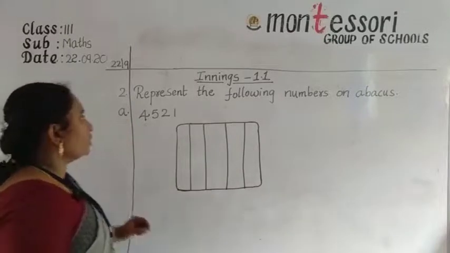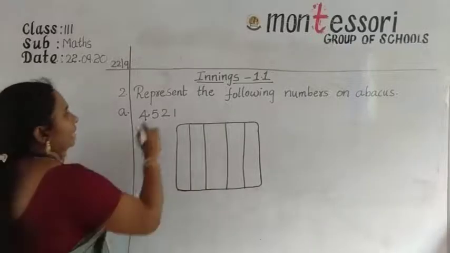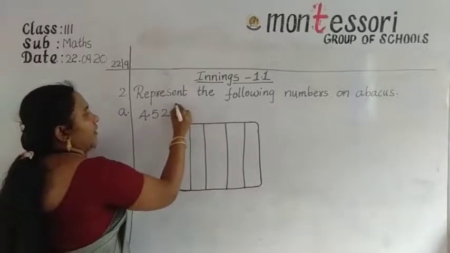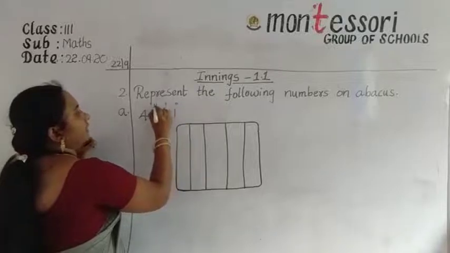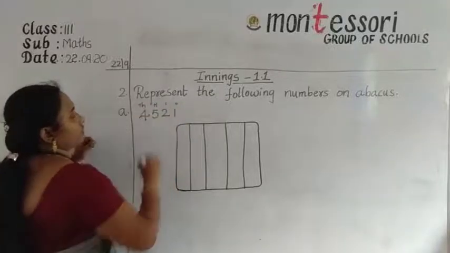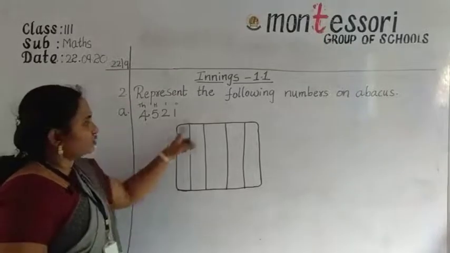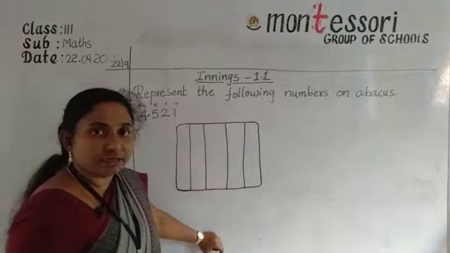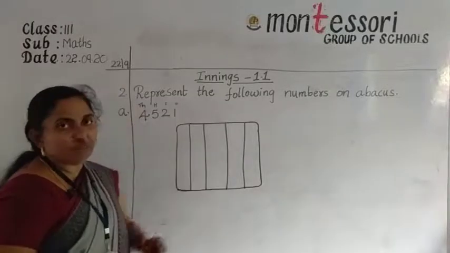Okay, now first take your pencil, all of you, and here write the place values. Place values: ones, tens, 100, 1000. So now again I am writing the place values here. This whole box you can draw with pencil. Draw with pencil, and the lines also you can draw with pencil.